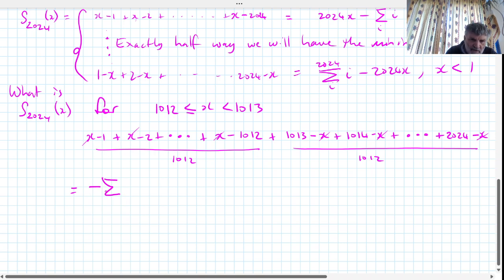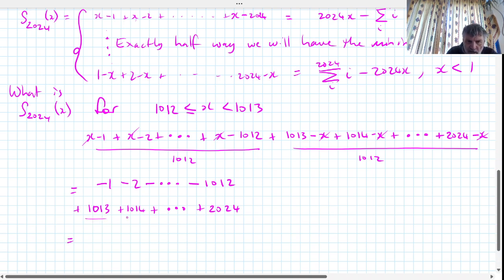Well, actually, I think it's easier to see if I write it out. It's going to be negative 1 minus 2 minus ... minus 1012. And then these ones will be plus, I'm going to write them underneath, plus 1013 plus 1014 plus ... plus 2024.